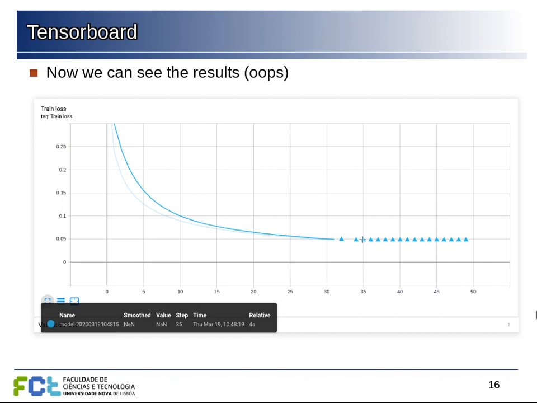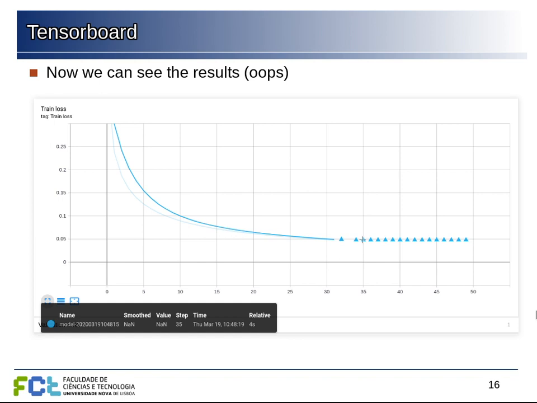Since TensorBoard is running while you are training the network, you can keep refreshing this and see how the network is training. For this particular example, it's not very interesting because this is almost instantaneous, but if you have a network that takes hours to train, it's good to be able to look at the graphs while it's learning.